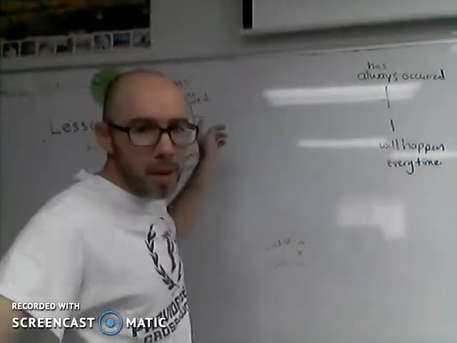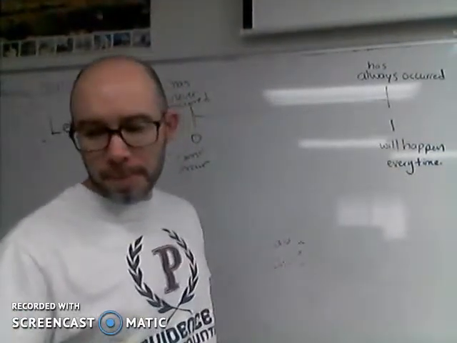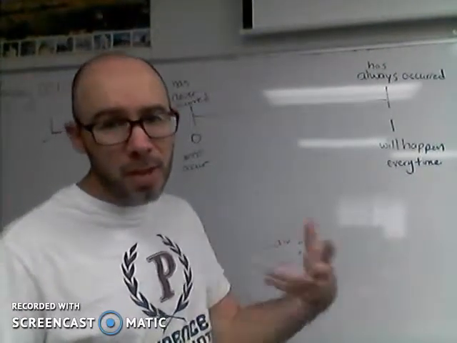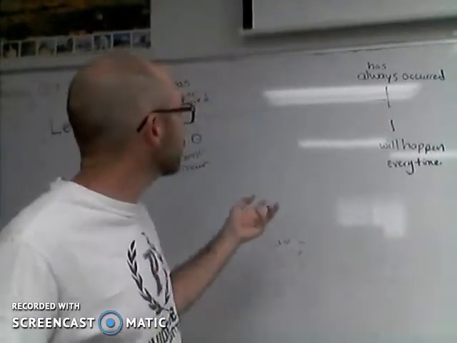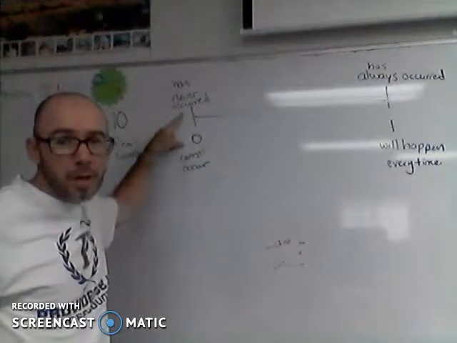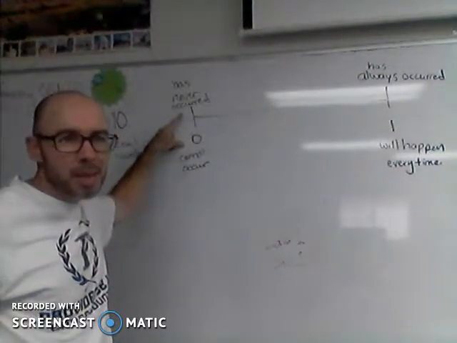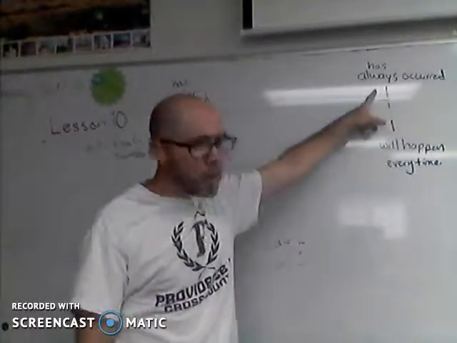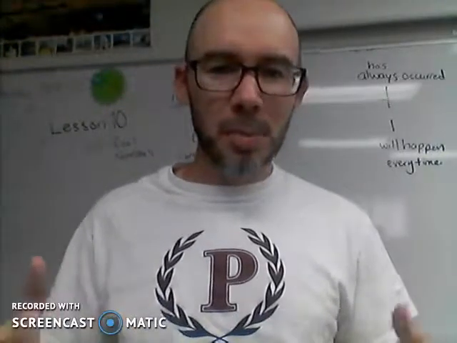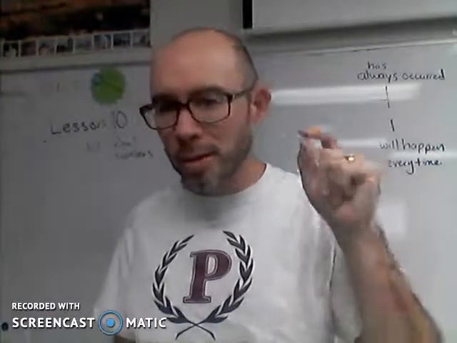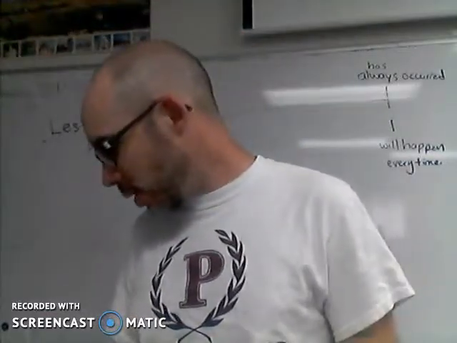On the top, I have what would be the actual occurrence if I roll the dice, and you're keeping track of how many 1s, 2s, 3s, 4s, and 5s. You would have a number here of 0 if the thing never occurred, a frequency distribution of like 0 out of 100 of a certain number, or it always has occurred. But the biggest thing with this is just to be able to keep track of the data, with little tally marks or some sort of measuring device.